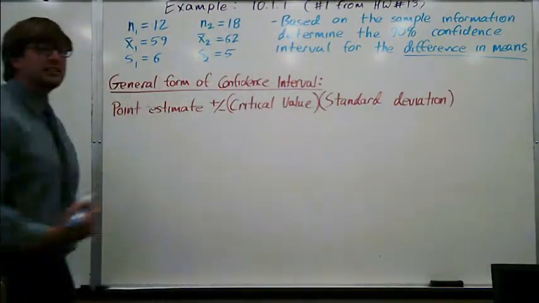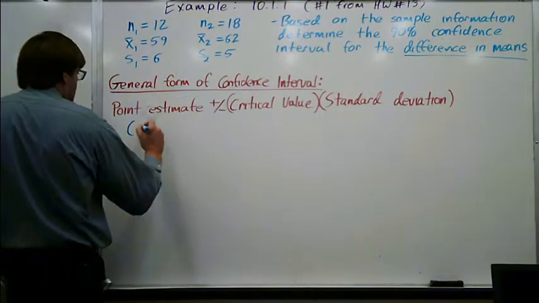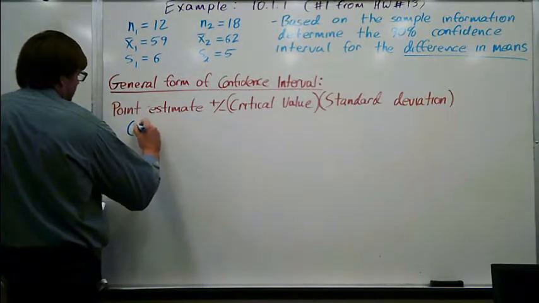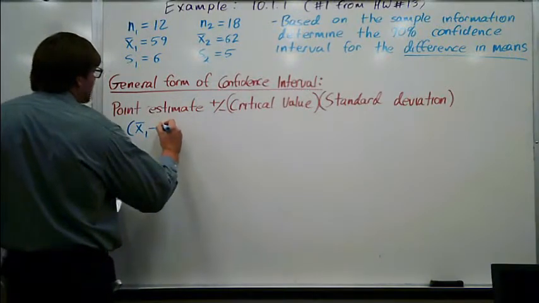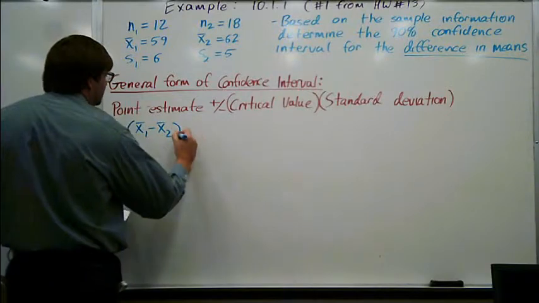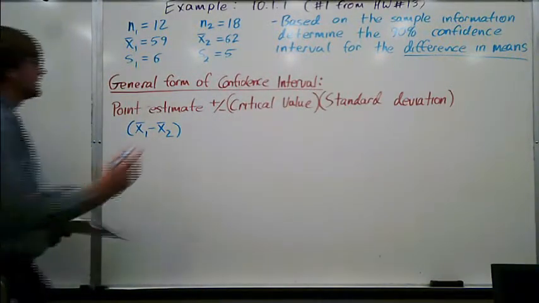Now, your point estimate for the difference in means, makes sense, is just going to be your first sample mean, subtract out your second sample mean. Makes sense, right? Point estimate for the difference between those two means.